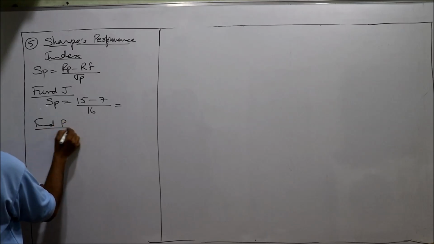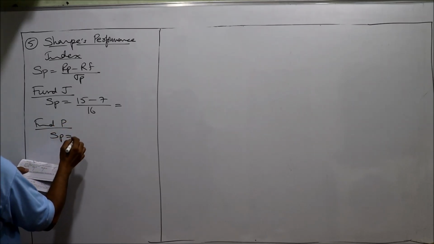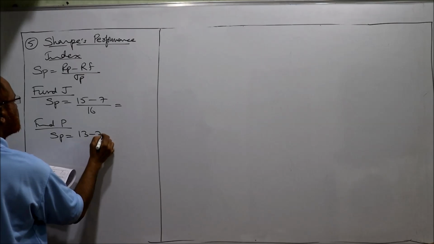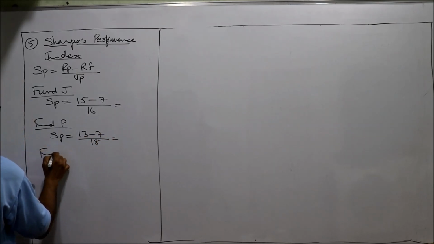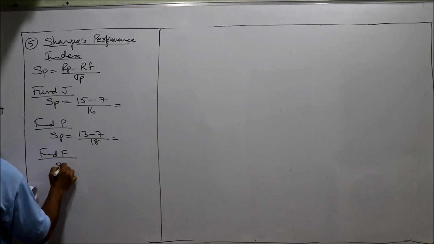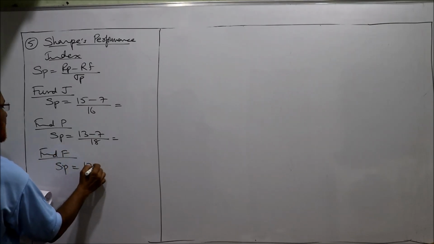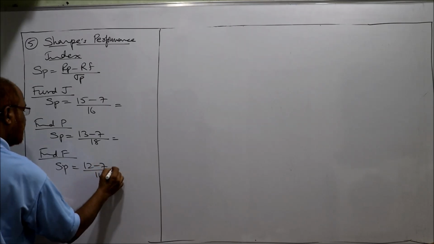Fund P: SP is equal to 13 minus 7 divided by 18. Fund F: SP is equal to 12 minus 7 divided by 11.